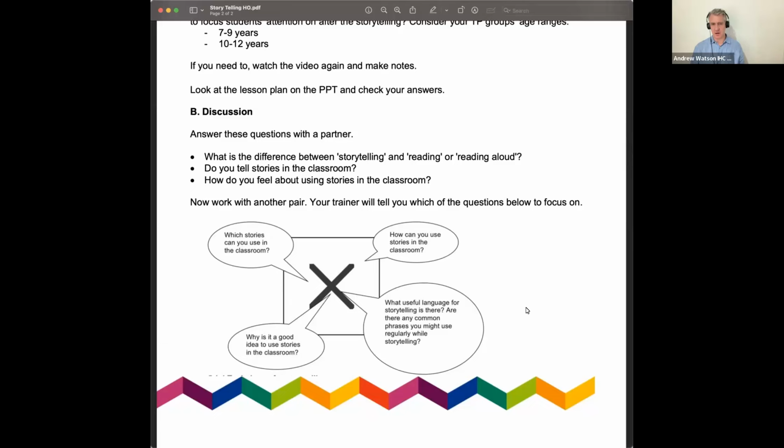And how do you feel about using stories in the classroom? I'm happy. They are so happy with all the stories. Also today I played a story. It was about a frog. They were so excited to know about the story and what is going to happen with that frog.